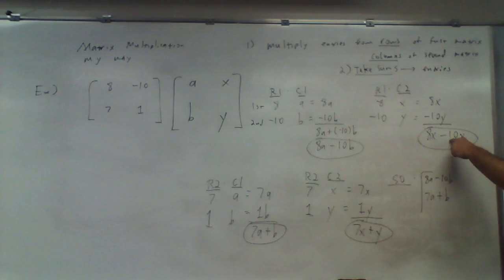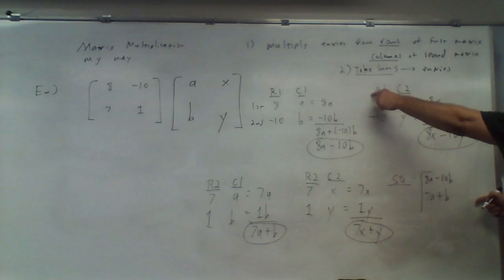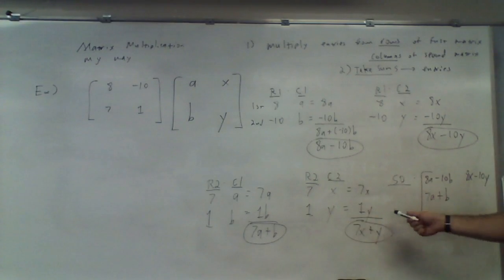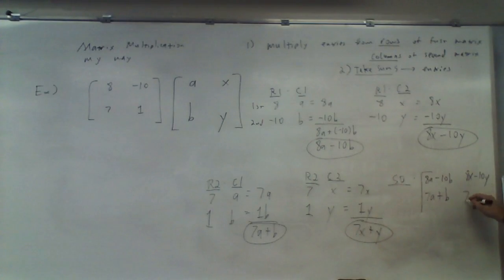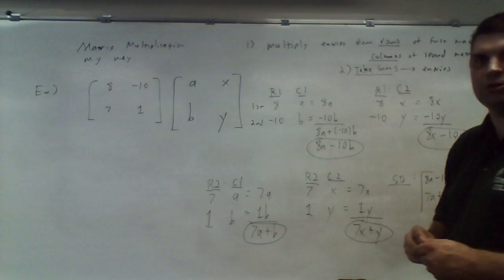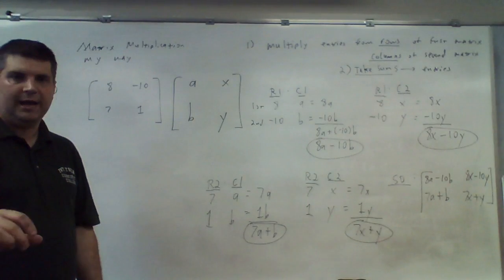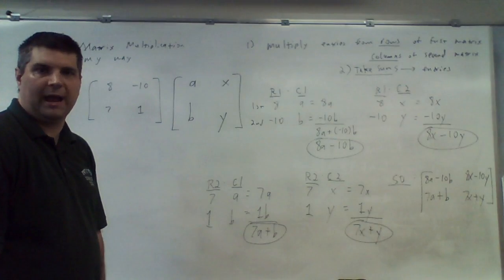This entry is second column, first top row. And then this entry is the second column, second row. And this is how you would multiply matrices involving variables. I'm going to pause here and set up an example of a non-multipliable matrix.